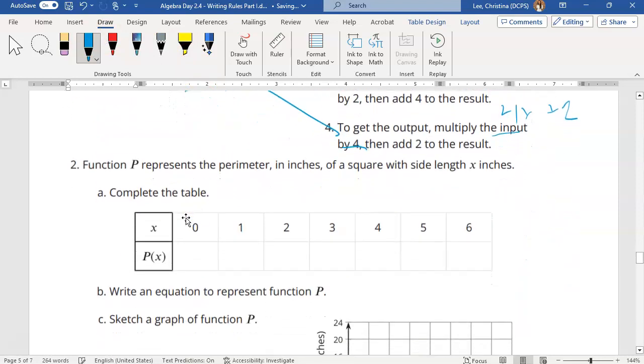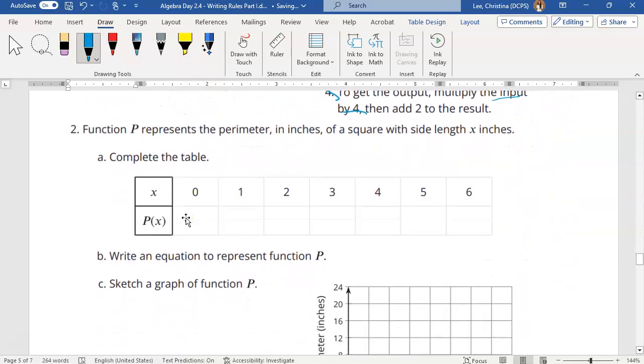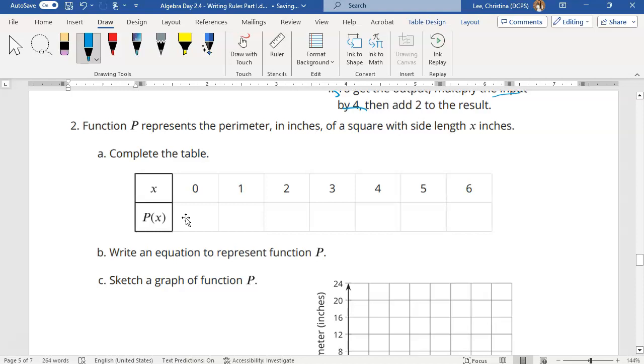All right. Number 2 says function p represents the perimeter in inches of a square with side length x inches. All right, so this is p of x, and this is x, our x values of input. And remember, a square has the same side length for all sides. They're equal. And so if I have a square with 0, then we will have no perimeter.